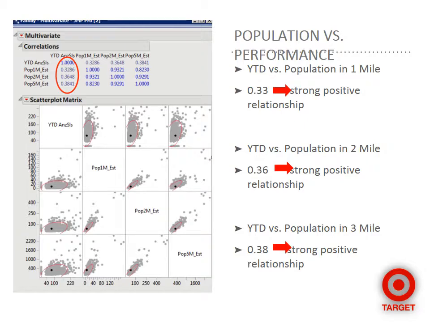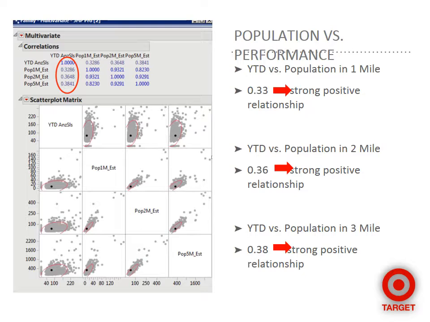Next, we want to find out whether the population has anything to do with the performance. Well, the answer is yes. So we do the correlation analysis and we find out there is a strong positive relationship between population and stores. Well, as you can see here, I write down the number if it's not clear in the chart. So for the year to date and population in 1 mile, the correlation is 0.33, which is strong and positive.